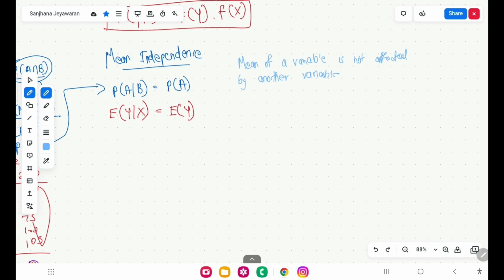Regardless of the value x takes, the mean of y is the same. Let me repeat that again. Regardless of the value x takes, it can be 100, 150, 200, whatever, the mean of y is the same. Since I've written it like this, this can be interpreted as y is mean independent of x.